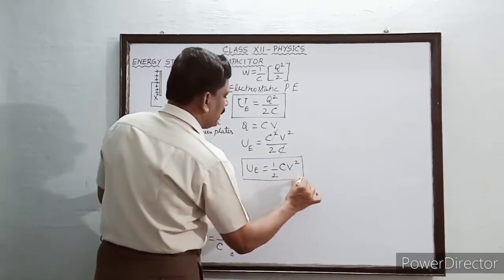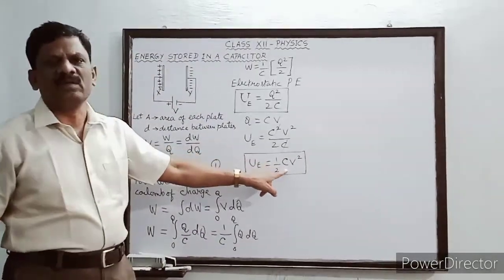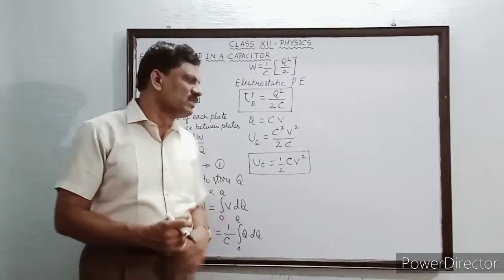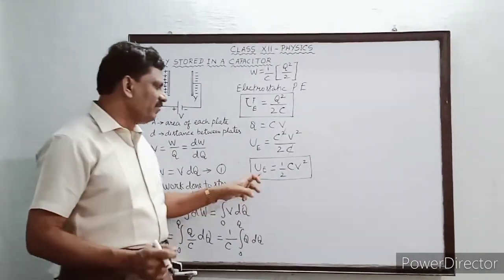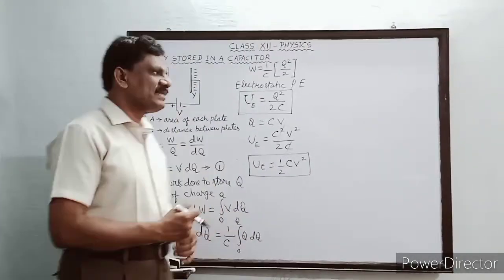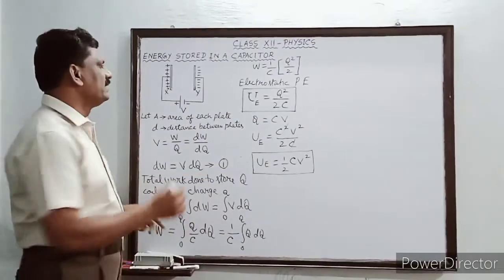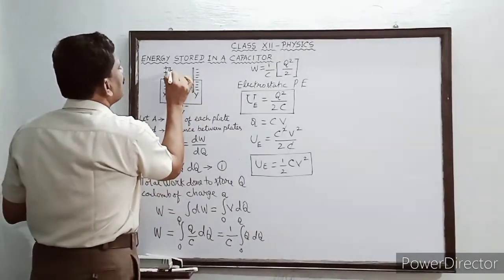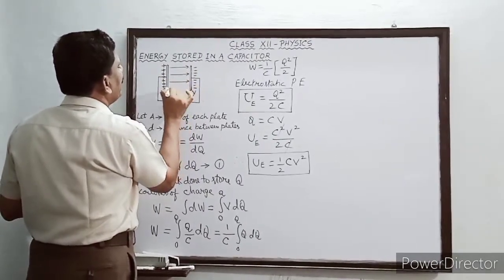This is another expression. Most of the numerical problems which you are going to solve in MCQs are based on half CV square. This is the standard expression for the electrostatic potential energy stored within the space between the two plates. So where is this energy stored? This energy is stored inside the space between the two plates, in the form of electric field.